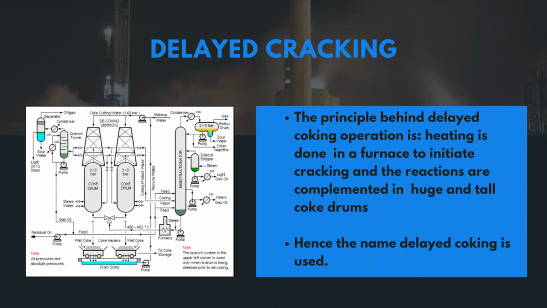This way, with orderly rotation of the drums, the process may be made to work in a continuous fashion. One drum will be receiving the feed from the furnace, in the other drum the actual coking will be happening, and in the third drum probably the laborers will be removing the coke. So, like that each drum will be in a different kind of operation.